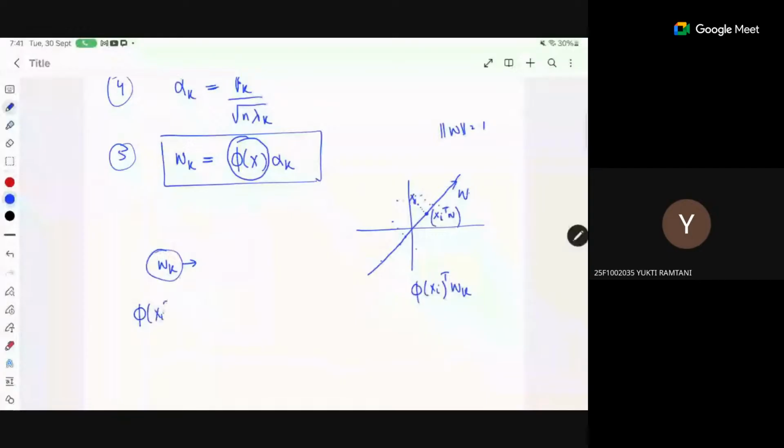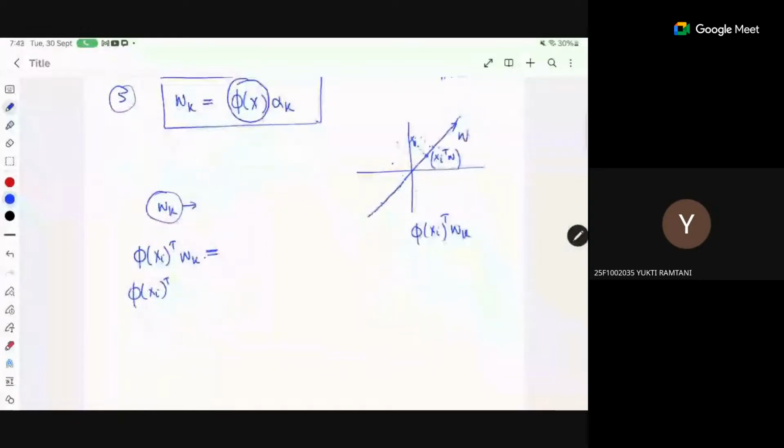Now what is wk? wk is given by phi of x times alpha k. So I can write it in the summation form, phi of xj times alpha kj, where j is varying from 1 to n.